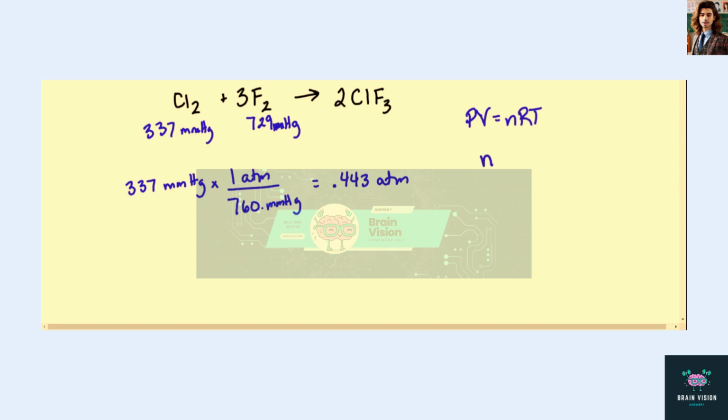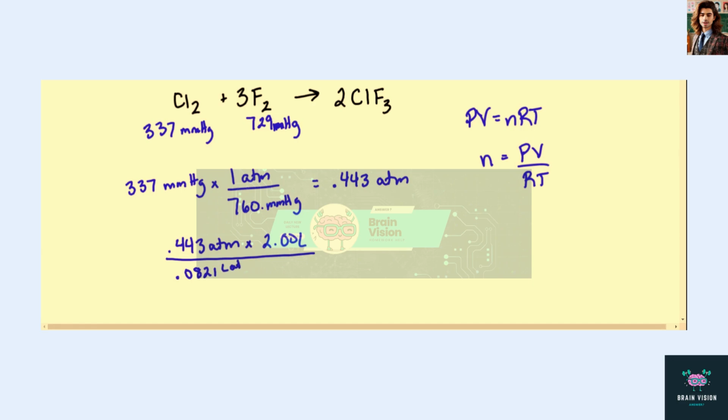Once I have that, I can plug into the rearranged version of this formula. I need to solve for moles, which is going to equal PV over RT. So the pressure that I have is 0.443 atmospheres. The volume, this is taking up 2 liters. That's the reaction vessel that this is in. My R is 0.0821.